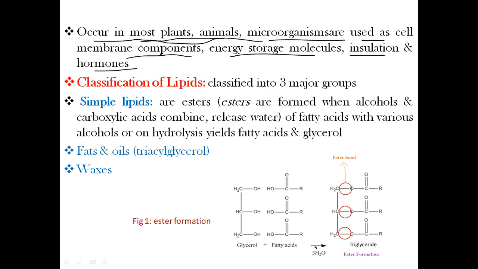As we know, phospholipid is a component of the cell membrane. Also, lipids store more energy than carbohydrates and proteins. They act as insulation material around different organs, and some hormones such as estrogen and testosterone are lipids in nature.